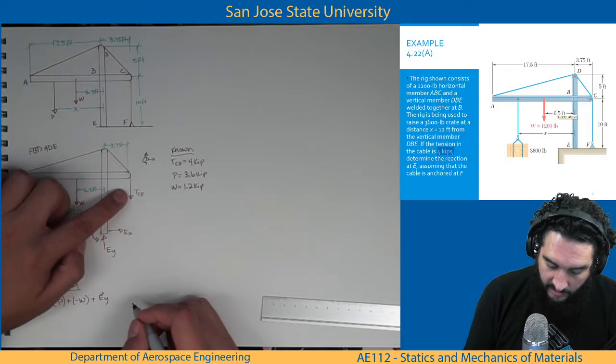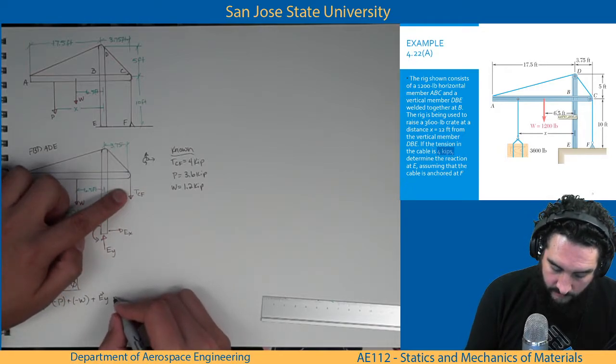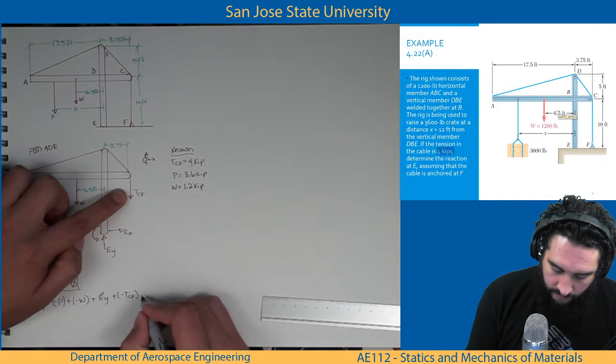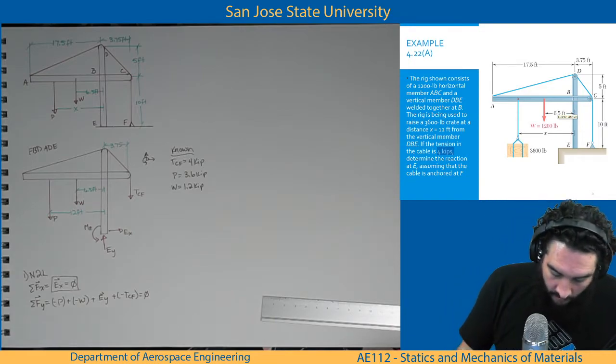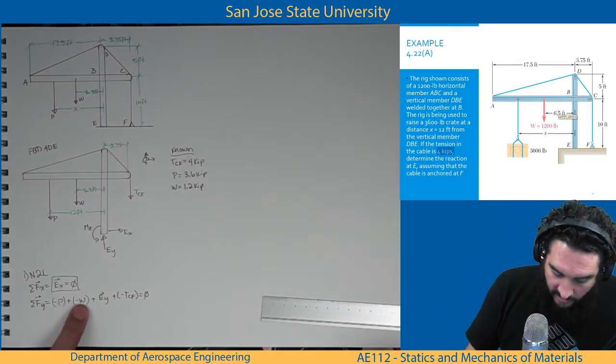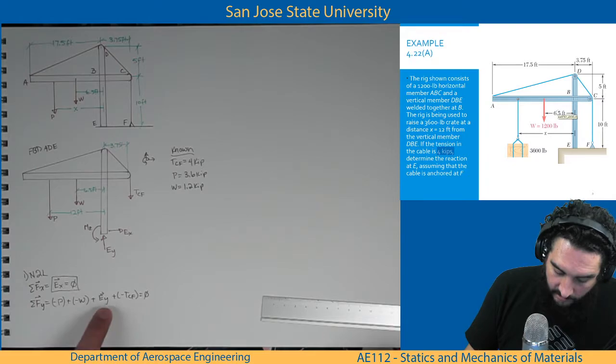And I have a negative TCF. And all of that will equal 0. So I know P, I know W, I know TCF. I can solve for EY directly.